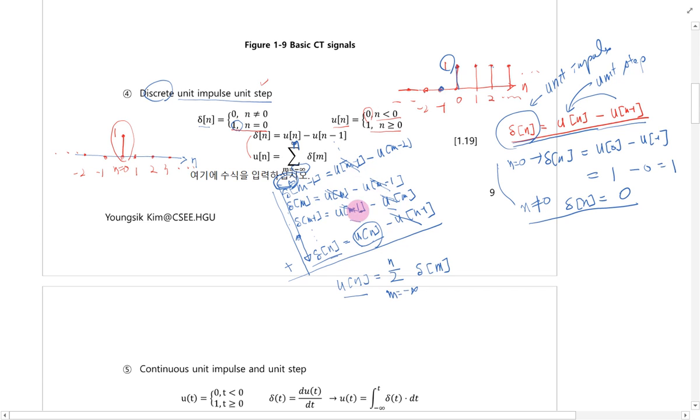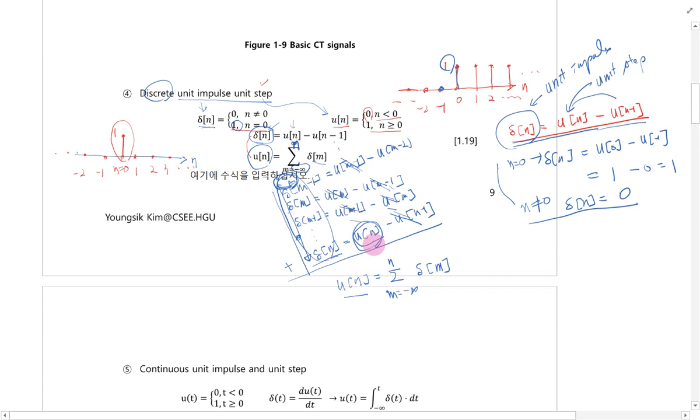So here we talked about what the unit impulse sequence is in the discrete domain, what the unit step is, and also the relationship between the unit impulse and the unit step from two different points of view: one is delta[n], the other is u[n]. Keep in mind that this is a typo. The sum from minus infinity to n, by this process, should equal u[n].